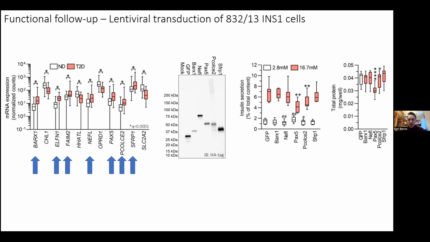There were also effects on cell number, here measured by sort of total protein in the wells, which was significantly reduced in the PAX5 overexpressing cells. There were also some slight effects of the PCOSA2 overexpression, but again, PAX5 showed the biggest effect. So we selected this for future follow-up to do some mechanistic studies as well.